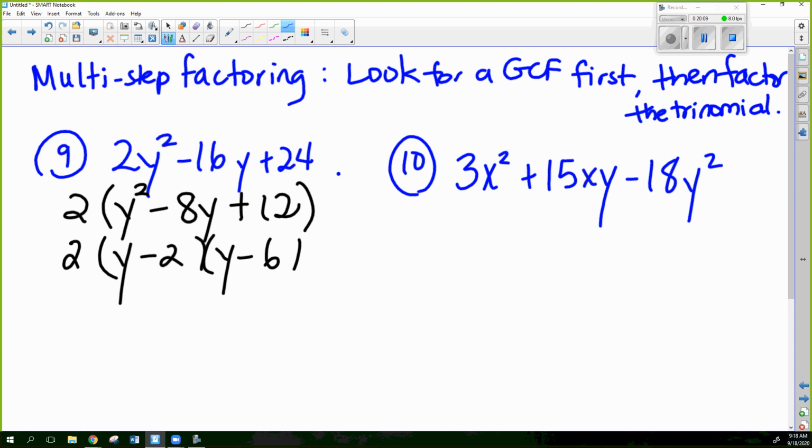Look for that GCF first because of the 3 in front. Right now, whatever that number is in front should be the GCF, because we haven't gotten to the more complicated ones yet. Now, there's a lot more letters, but I can't take any of them out. I can only take out the 3. So let's just start with that.